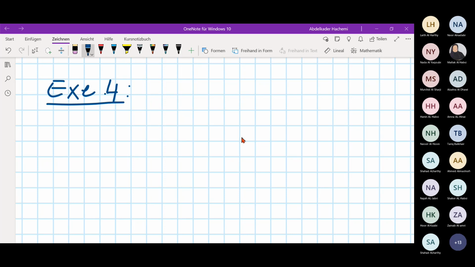If we look now to the mass, we have here our robot arm, which rotates with omega.